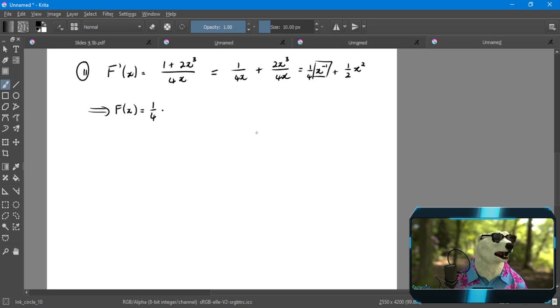Now, what does the power rule do, or what could it come from so that the power rule can give me a negative 1 power of x? I'm pausing so you can think about it.